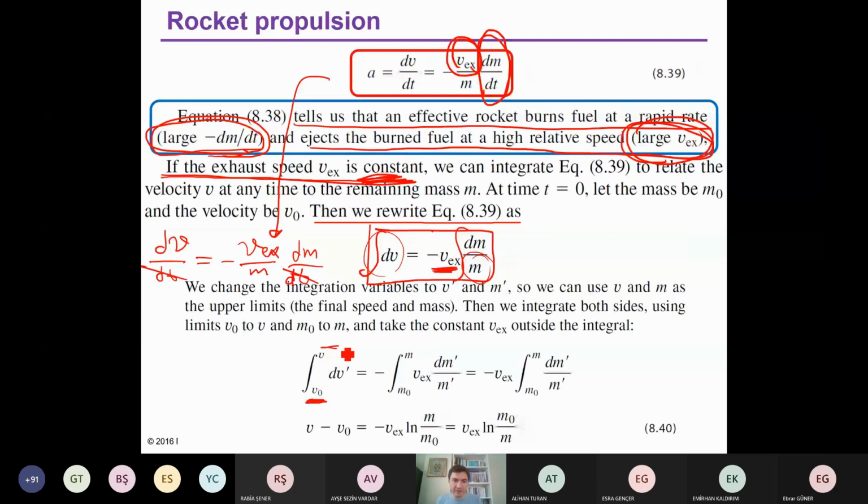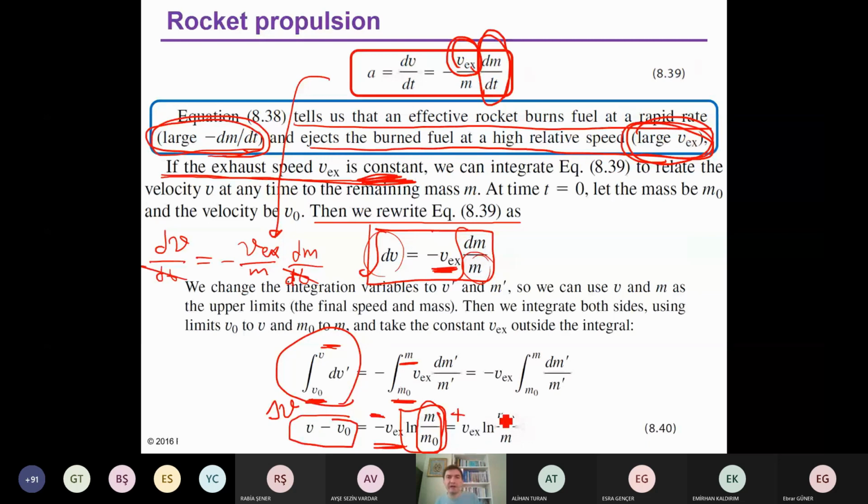This is the delta V, the change in the velocity of the rocket, which is equal to minus Vx ln m over m0, okay? Or you can write like this, Vx, here we have minus sign, here we have a plus sign, but look at this one, m over m0, here we have m0 over m, so you can write it like this.